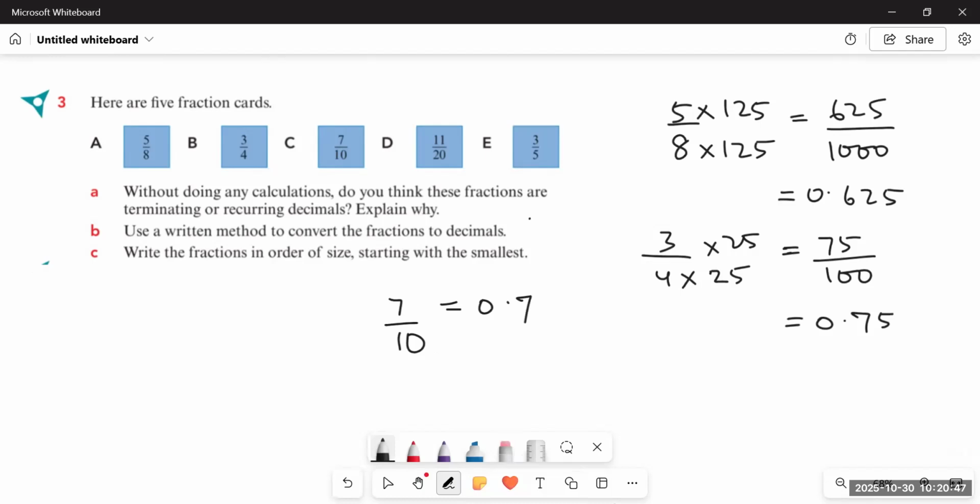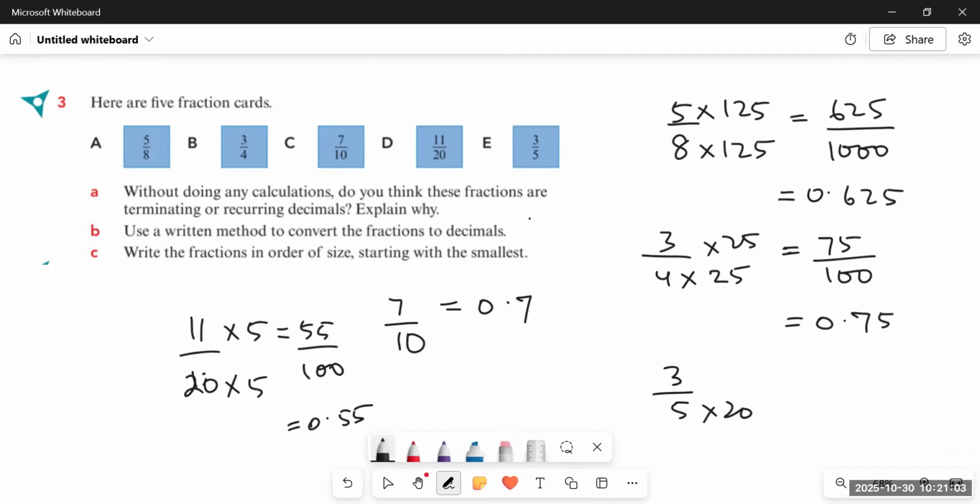It's again terminating. 11 over 20. 20 multiplied by 5. That's 55 over 100. So it becomes 0.55. 3 over 5. 5 multiplied by 20. It becomes 60 over 100. That's 0.60 or 0.6. Okay.